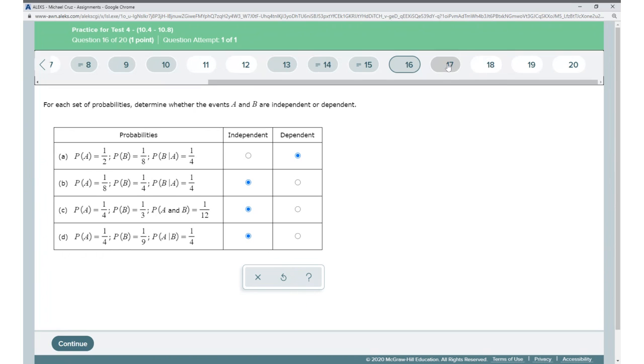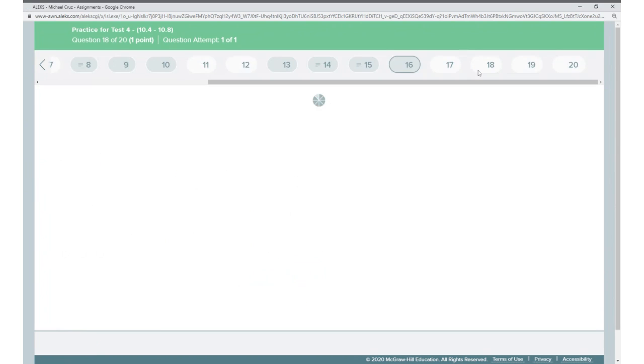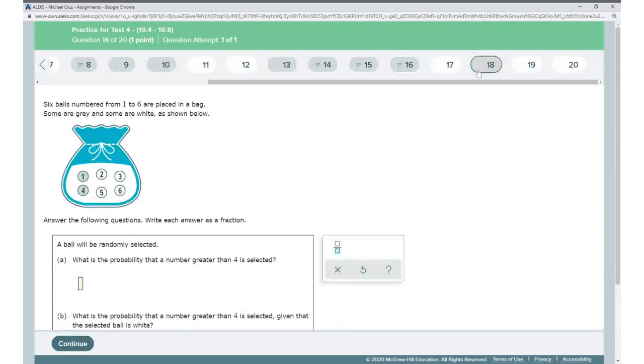See, we did 17. Let's look at 18 and 20, the ones that we didn't do. And 20 was just a repeat of one we just did, so we'll probably get that real quick. And then, like I said, we'll take a few minutes to go through a little bit of chapter 12.